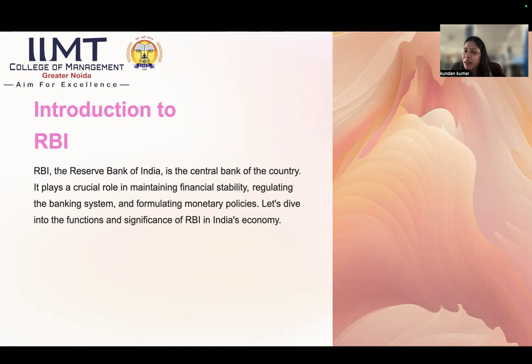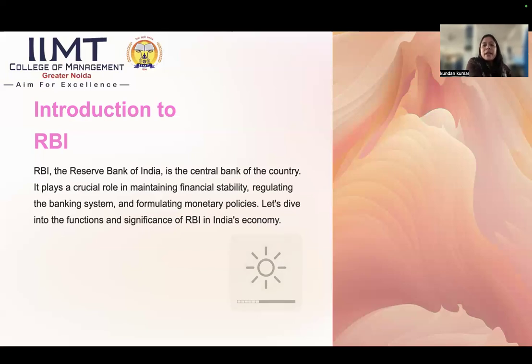It is under the ownership of the Ministry of Finance. RBI is the apex bank of India and known as the Bankers' Bank. RBI is a government bank which helps the government to operate its financial operations. The monetary policy of India is regulated by the Reserve Bank of India.